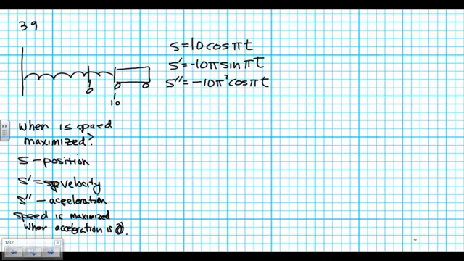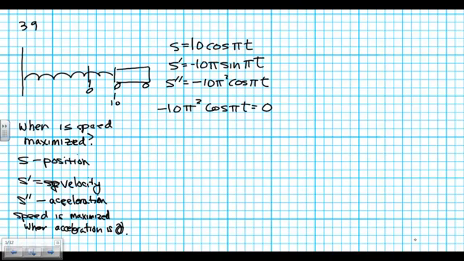So let's find out when that S double prime function is equal to 0. When is negative 10 pi squared cosine pi t equal to 0?